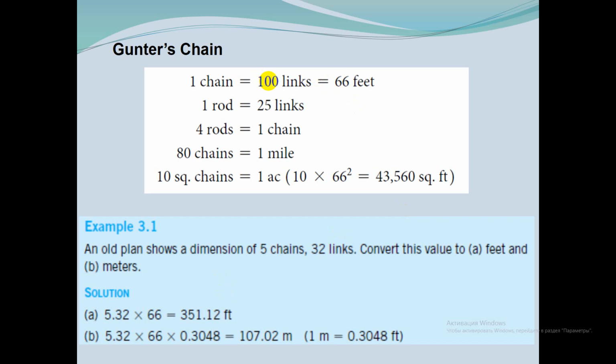It has more than historical interest to surveyors because many property descriptions still on file include dimensions in chains and links. This chain, named after its inventor Edmund Gunter, was uniquely suited for work in English units.